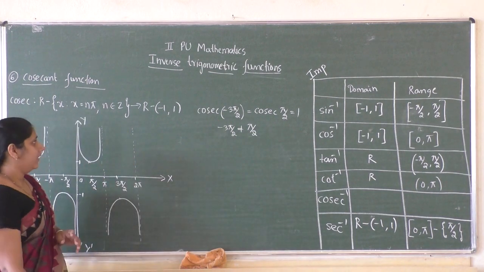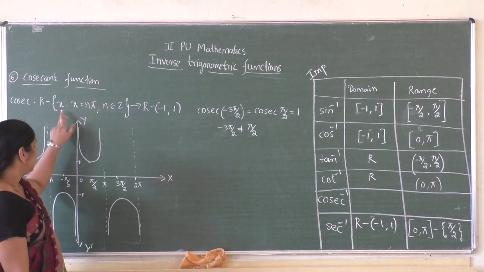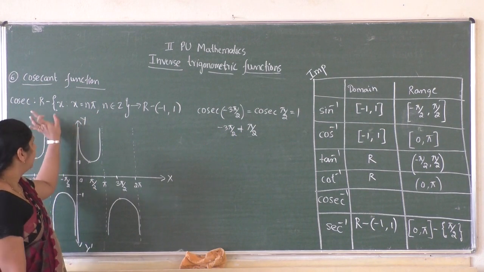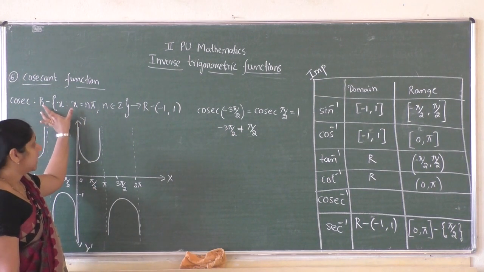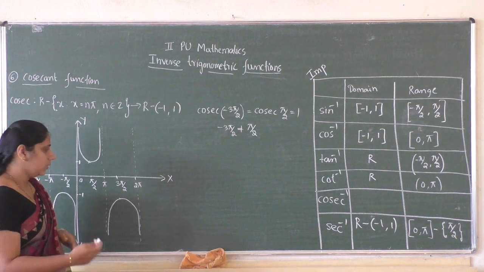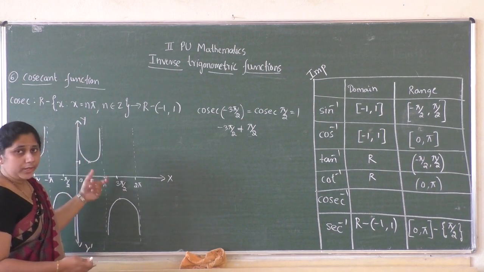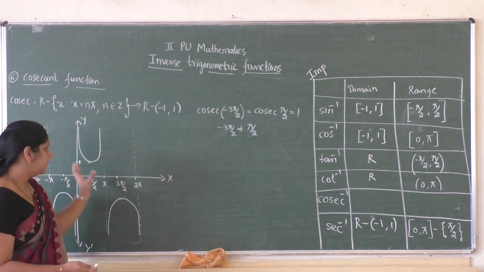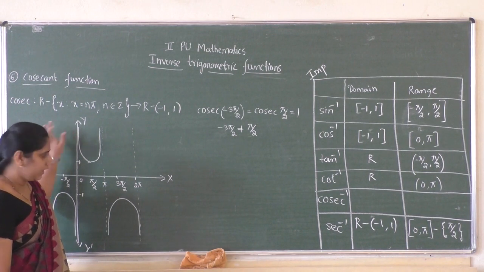Therefore the cosec function is not 1-1 for this domain, right? So we have to divide this domain into several intervals, so that if we restrict the domain to one of such intervals, the inverse of cosec will be defined.